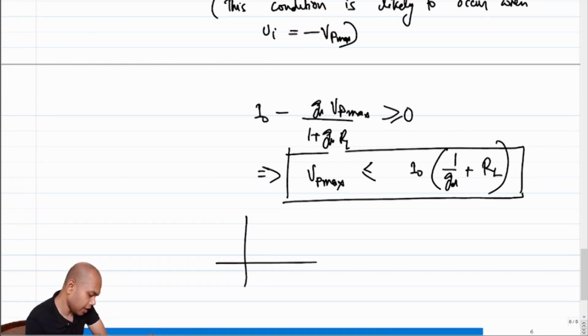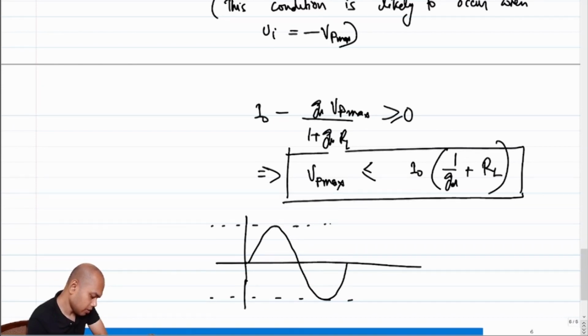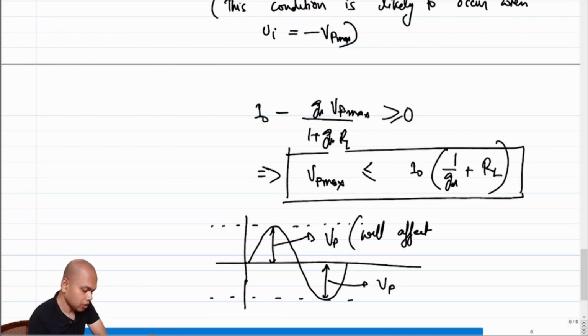So essentially what we are saying is, if this is my sinusoid, this is Vp, this will be Vp, this will also be Vp, but this Vp will affect M1 going into triode.